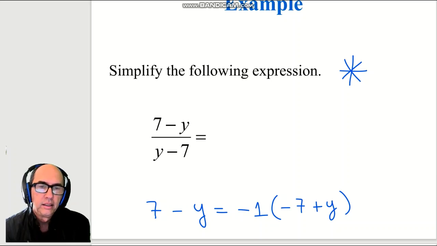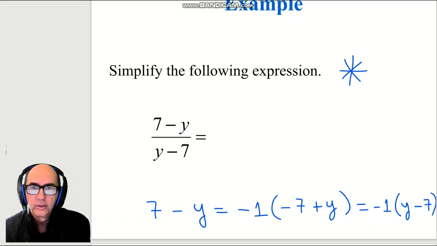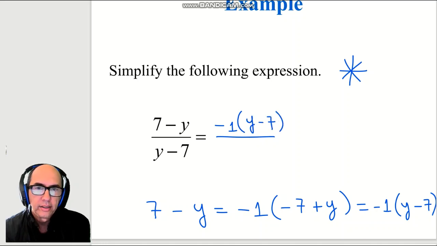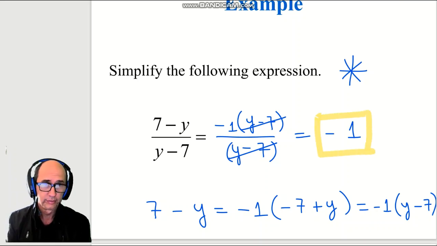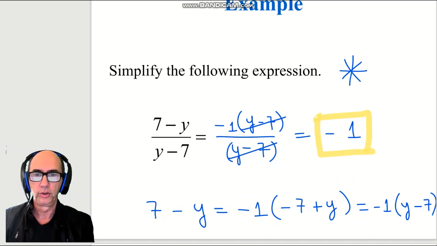Okay. And negative 7 plus y is the same thing as y minus 7, you can change the order, it doesn't change at all. So write down here negative 1 times y minus 7, and on the bottom y minus 7. We have the same factor on the top and on the bottom, and the answer is only negative 1. Negative 1 is the final answer. See, we just factored out the negative 1.